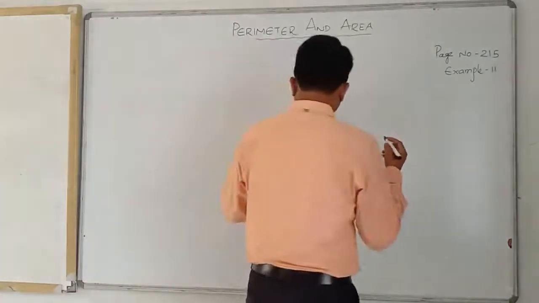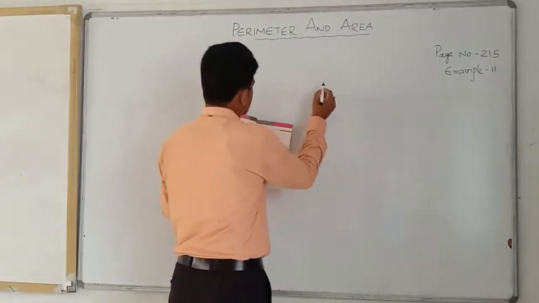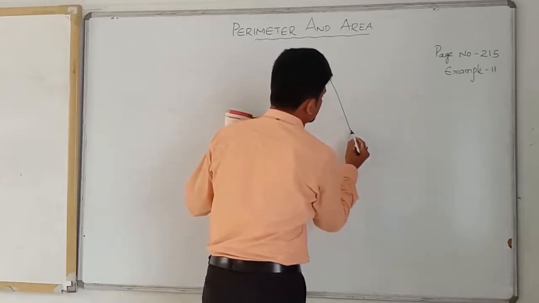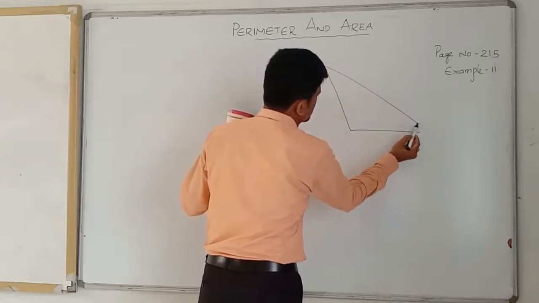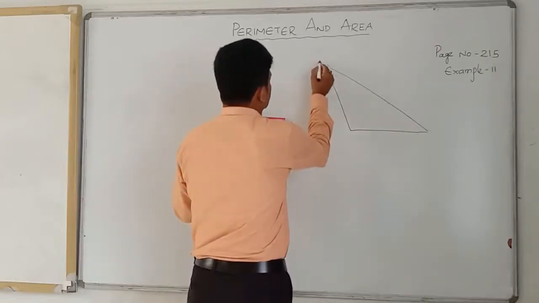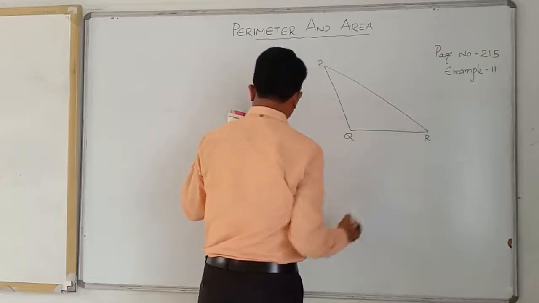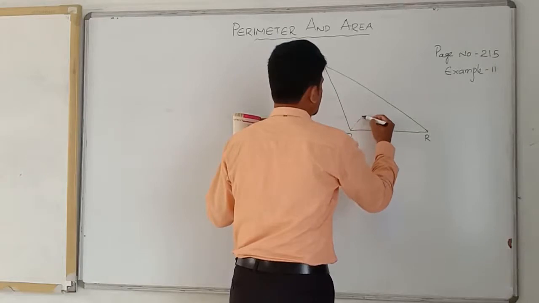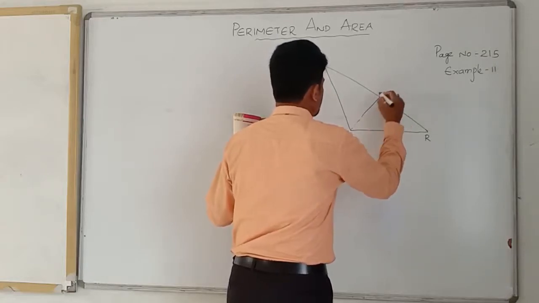Okay. This is the triangle given here. Same obtuse angle triangle only. Look here, everybody. This is the triangle P, Q, R, and this is one perpendicular QM.